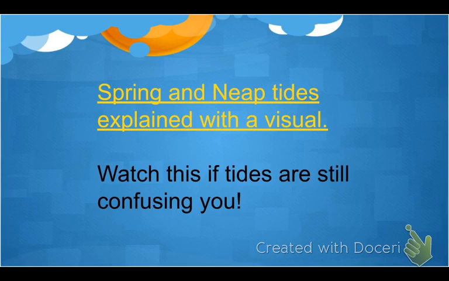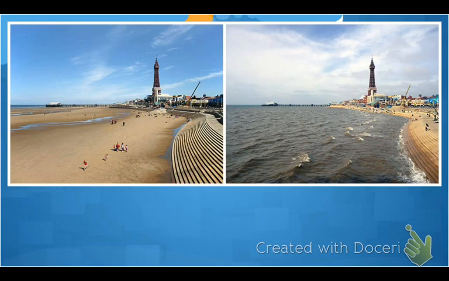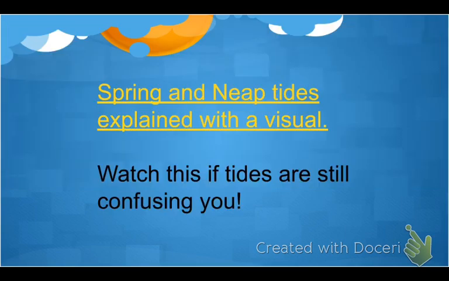If you do not get what I was saying, please watch the spring and neap tide video. They actually have a string and something that's showing you why the high tides are where they are and why the low tides are where they are. And then this picture is just showing you the difference in the high and low tide when you have a spring tide. So please watch this video if you don't understand.